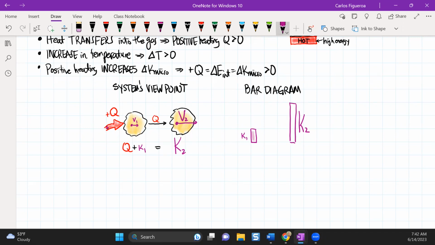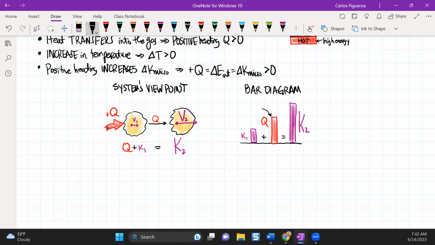How did I change that kinetic energy? I did positive heating. It was this heating that is responsible for the increase in kinetic energy, right?